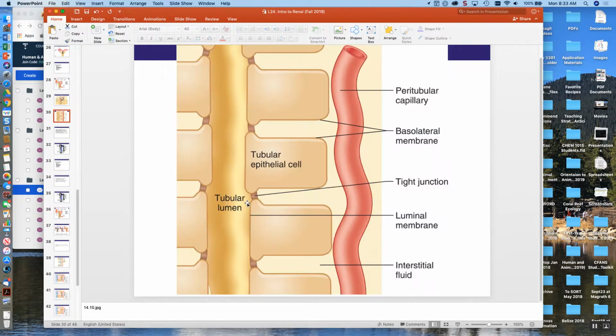Don't forget that these solutes and fluids have to go across the epithelial cells, either by the transcellular pathway or the paracellular pathway. If we're talking about reabsorption, it's being pulled from the tubular lumen, across the epithelial cell monolayer, across the interstitial fluid, and then into the blood supply, those peritubular capillaries.